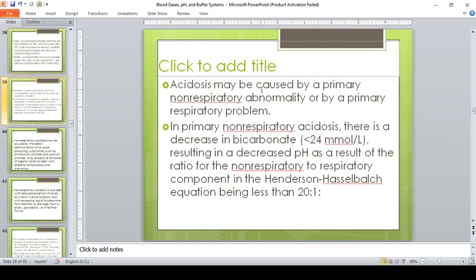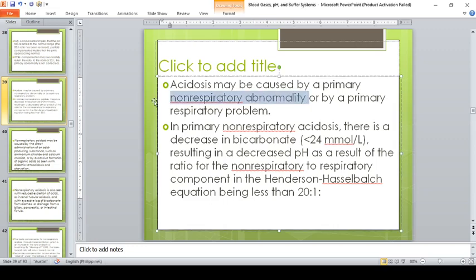Acidosis may be caused by a primary non-respiratory abnormality or by a primary respiratory problem. So, either metabolic siya or respiratory siya. In primary non-respiratory acidosis, ito yung other books, they term this as metabolic acidosis. There is a decrease in bicarbonate, so less than 24 millimole per liter, resulting in a decreased pH as a result of the ratio of the non-respiratory to respiratory component in the Henderson-Hasselbalch equation being less than 20:1.